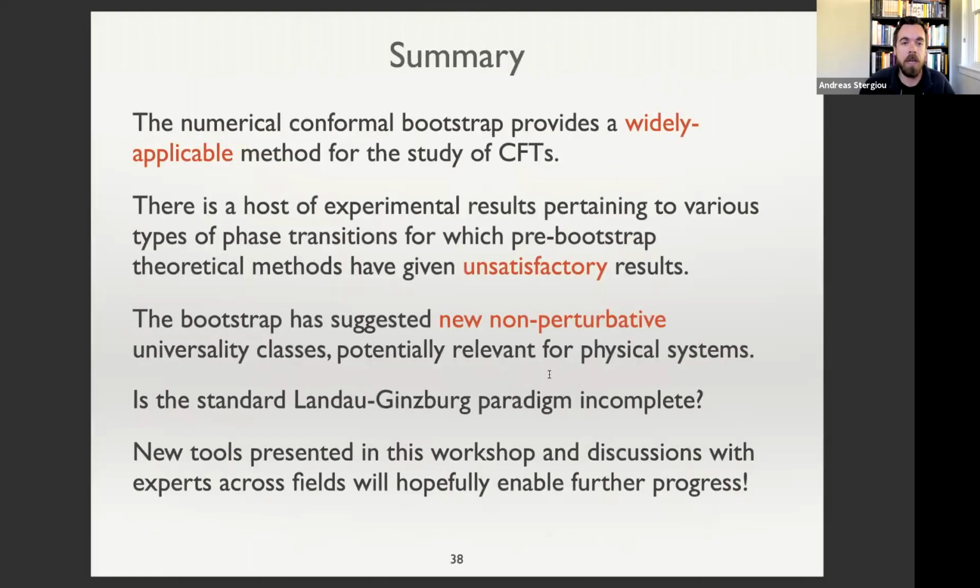Okay, so that's all I have to say. So I think it's becoming clear that the numerical bootstrap is a widely applicable method and a very good method for the study of these systems. There are many experimental results also reviewed by other people here with unsatisfactory results from theory and experiment. It's a great time for the bootstrap to resolve some of these.